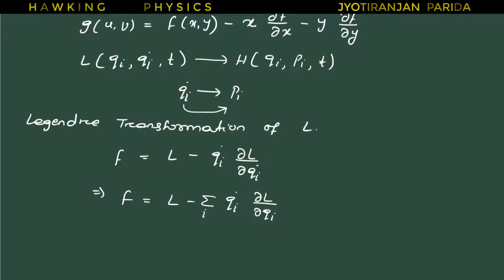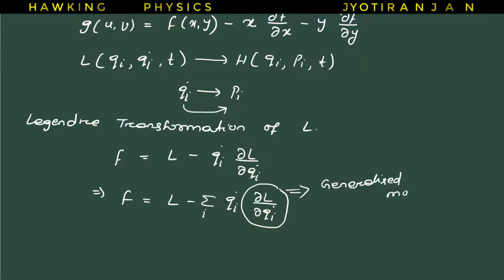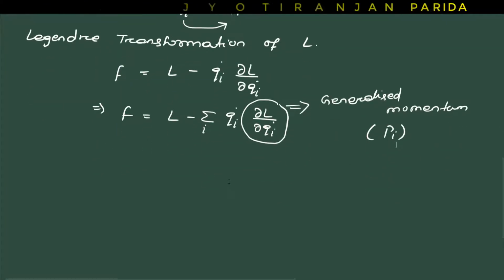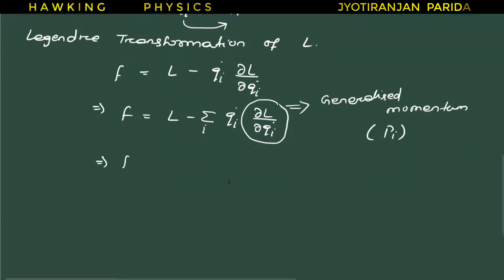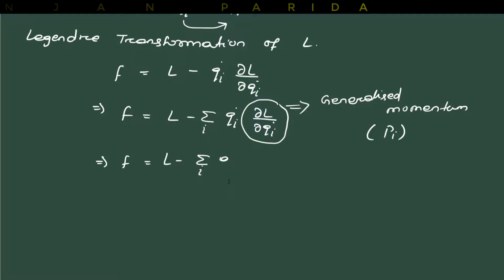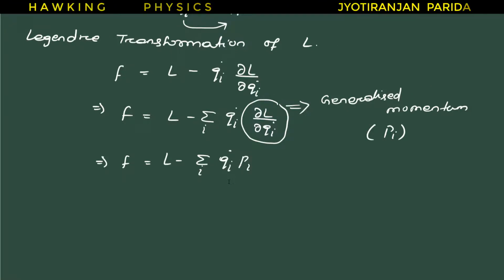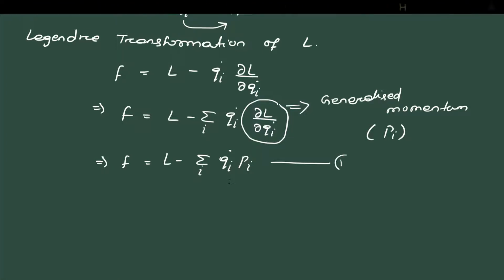But we know this one is our generalized momentum, yes or no? As this one is our generalized momentum, we can write pi. So here we can write f is equal to L minus the sum over i of qi dot pi. Yes or no? Just give it equation number 1.